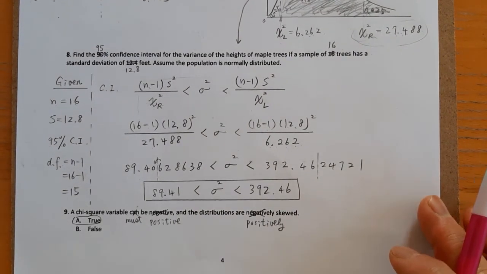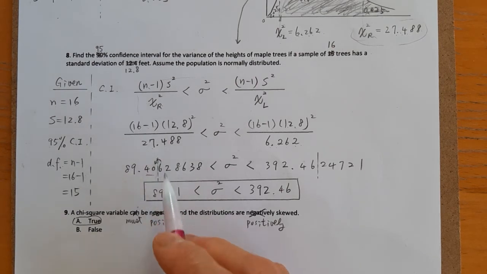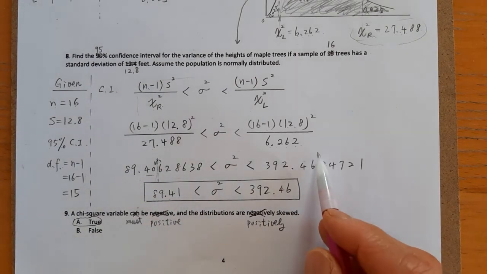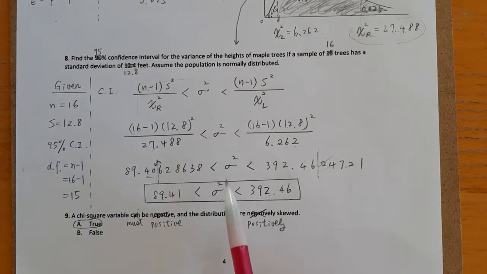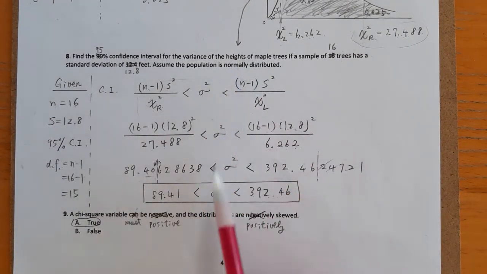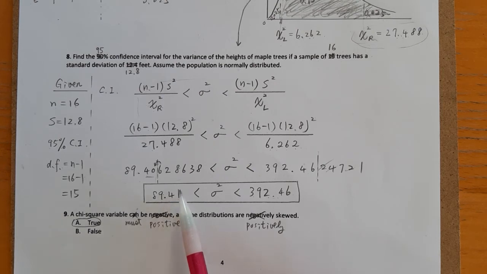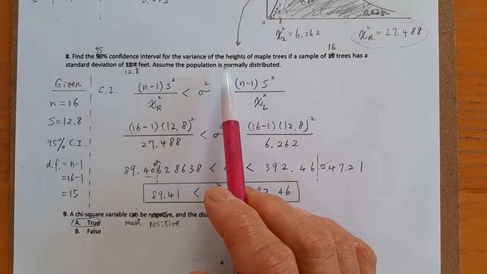Then use a calculator, you will figure it out and round to 2 decimal digits. It's 89.41, and then the upper value is 392.46. So that means the variance with 95% confidence is going to be between 89.41 feet squared and 392.46 feet squared. That's the estimate interval for variance.